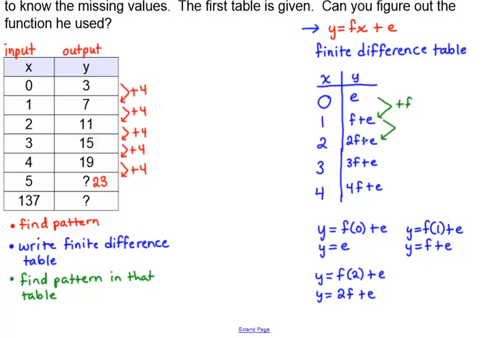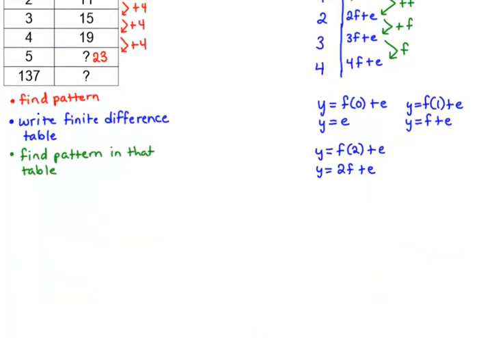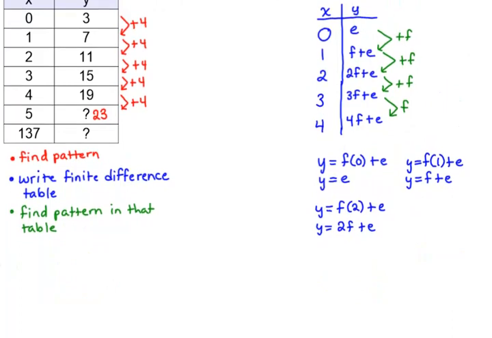From that step to that step, we added another f. So if you can see, we found that pattern. Okay. Once we find the pattern, then the next step is to line up corresponding parts.